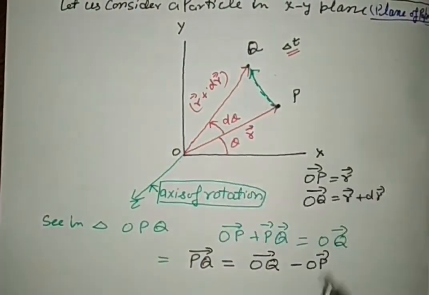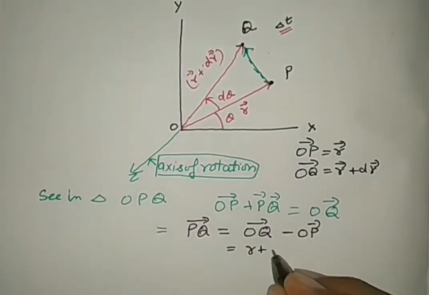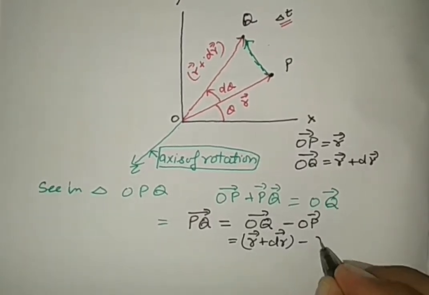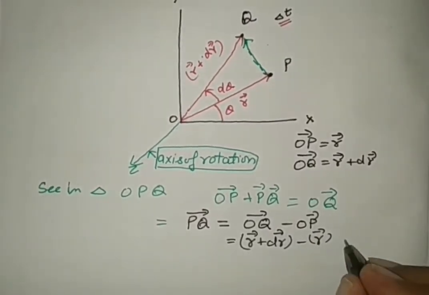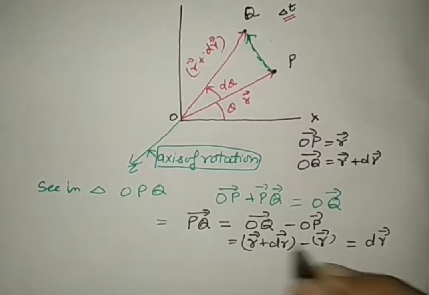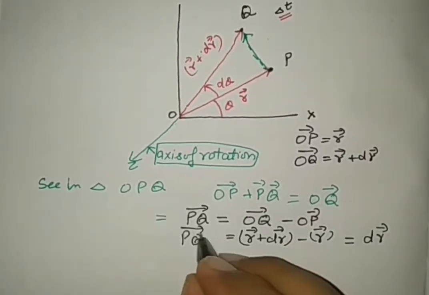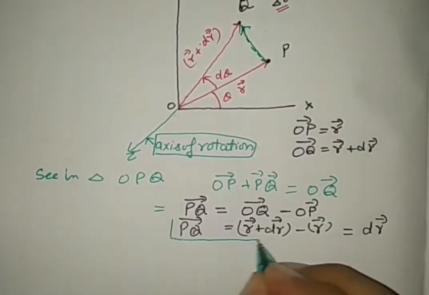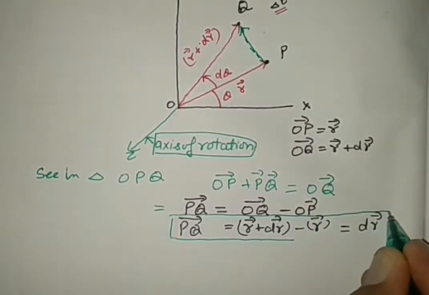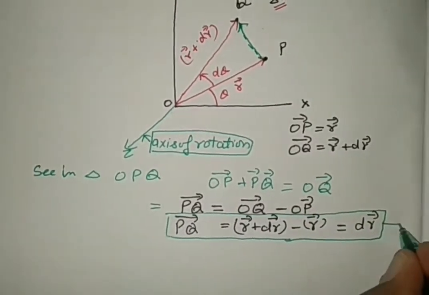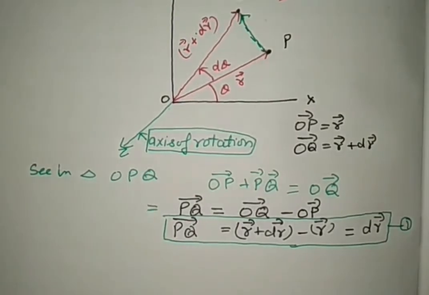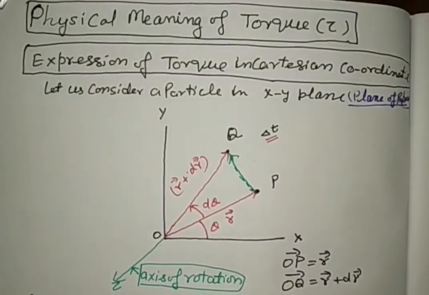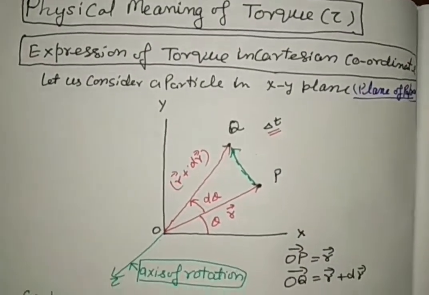See, OQ here in the diagram is r plus dr minus OP is vector r. So it can be written as dr. This is vector PQ. Now see very carefully in whole of the calculation. We will use where required, and this please note as equation number 1. It's clear?